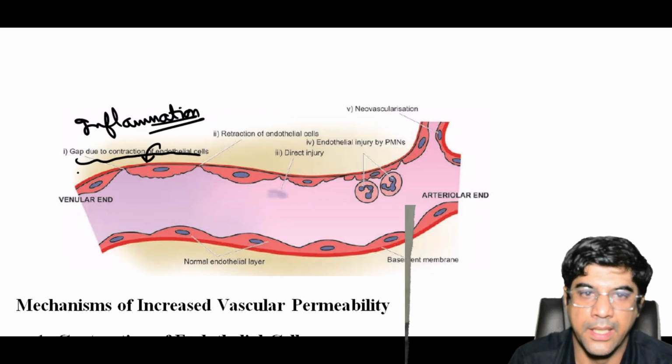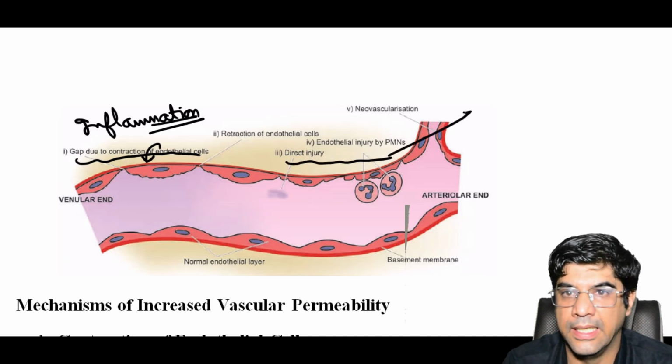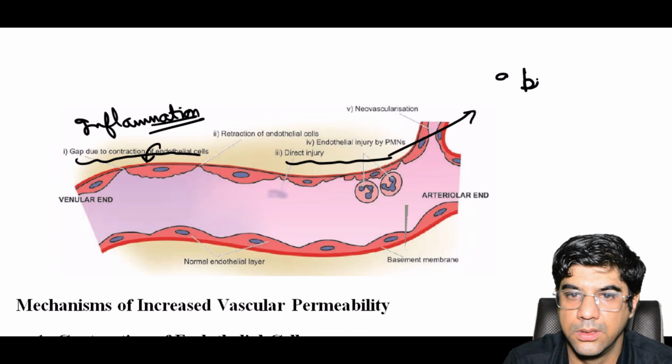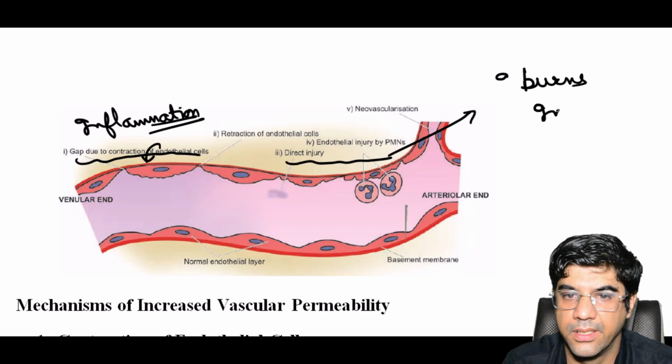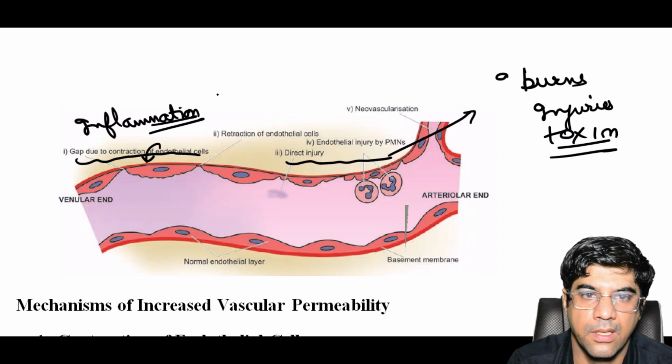There can also be direct injury to the endothelial cells, like burns, injuries, or toxins that may damage these cells. That will make the endothelial vessels leaky.